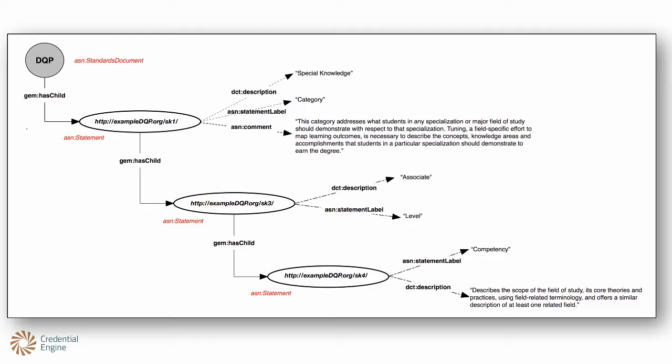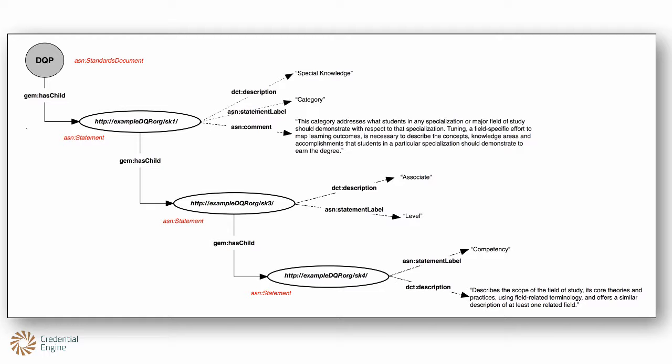Starting in the upper left, we have the DQP. It has a child node, in other words a statement, that has a statement label of category. The description of the node is special knowledge, and the comment here describes what special knowledge means.